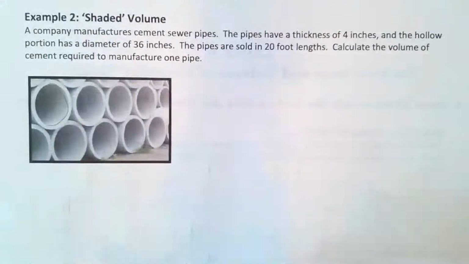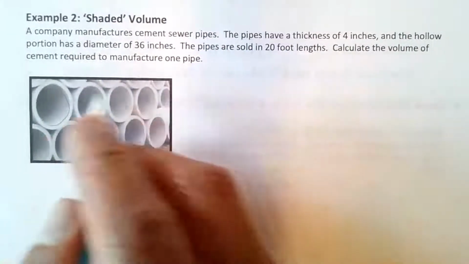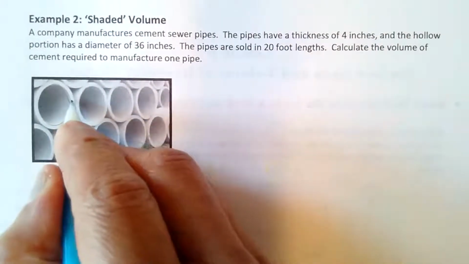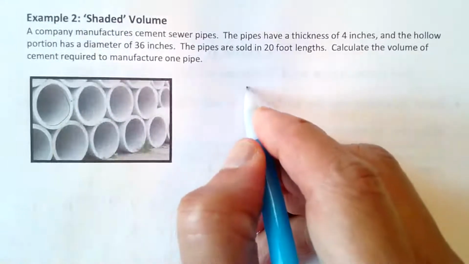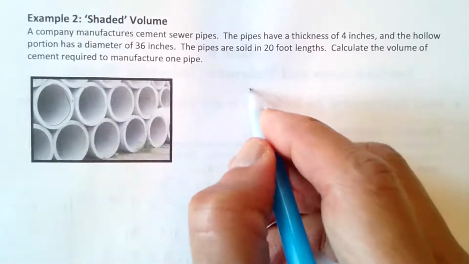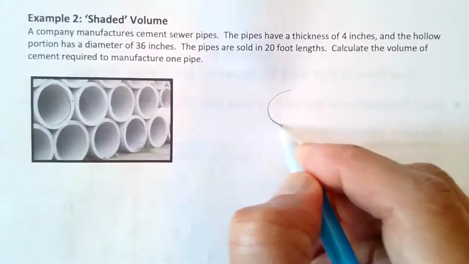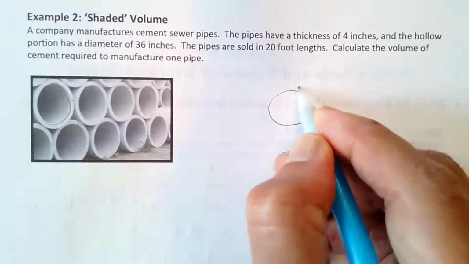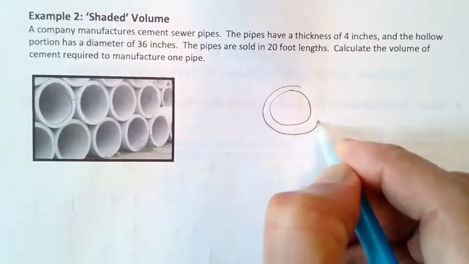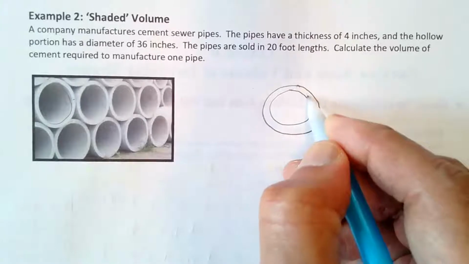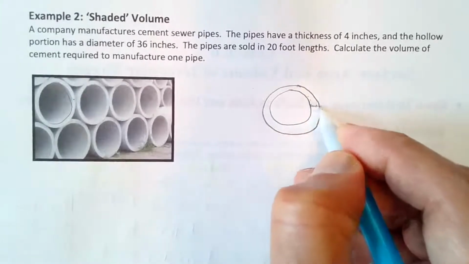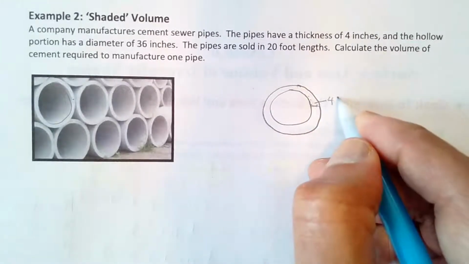Looking from this view, it says that the thickness here is 4. So we have this thickness here of the pipe. The thickness is 4 inches.